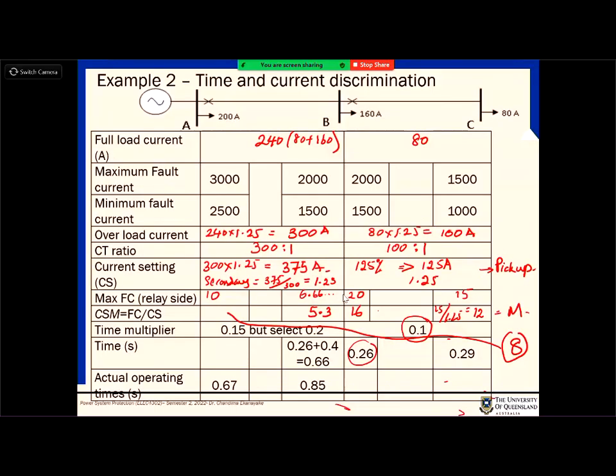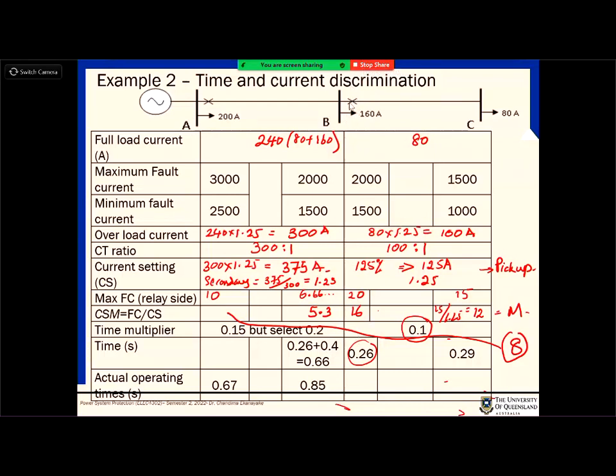Once you find that, then we know the operating time of the relay at B for this fault here is 0.26 seconds. Now, relay A will also operate for a similar type of fault at this point. To avoid the operation of relay A for that fault, we need to increase the operating time of relay A by 0.4 compared to the operating time of this relay.